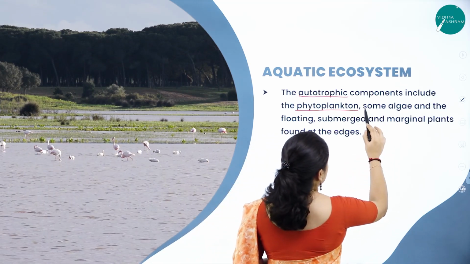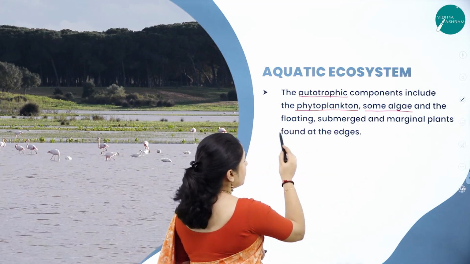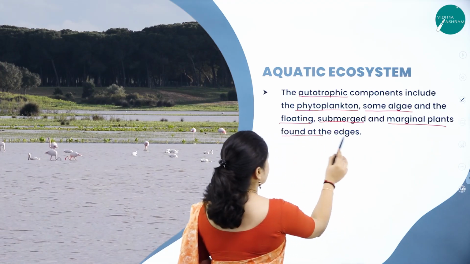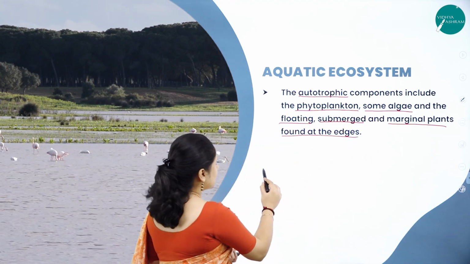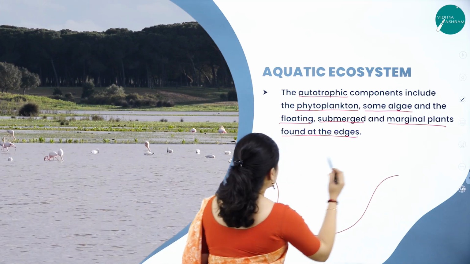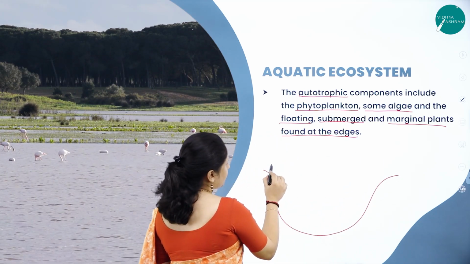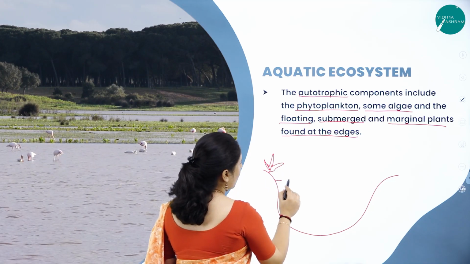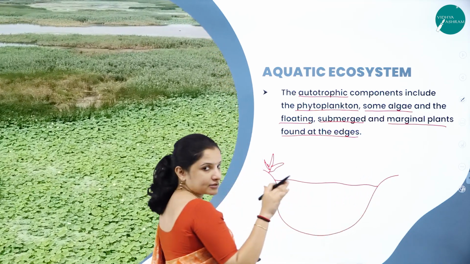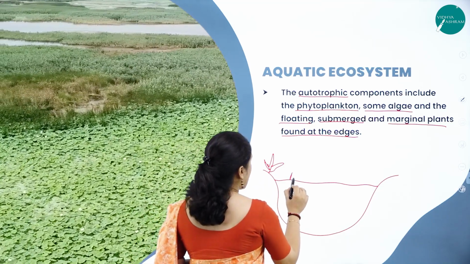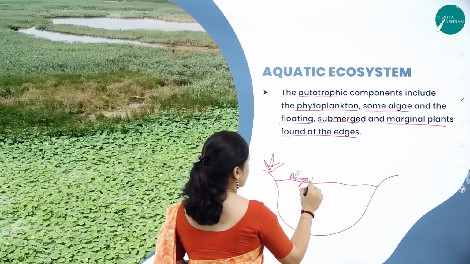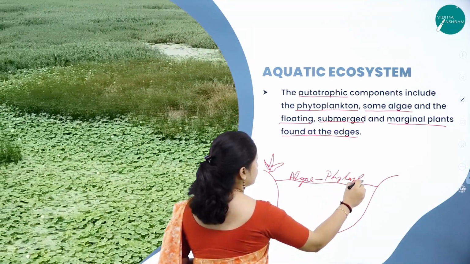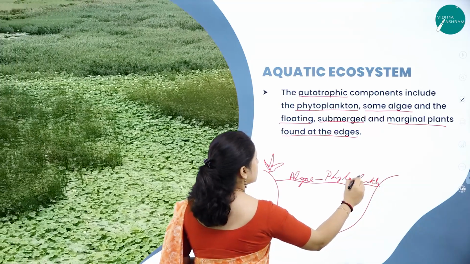We have some algae which are floating, some submerged, and some marginal plants found at the edges. If we consider a pond, at the banks of the pond there are some marginal plants. Then on the surface of the water there are some floating algae. Algae are nothing but phytoplanktons.